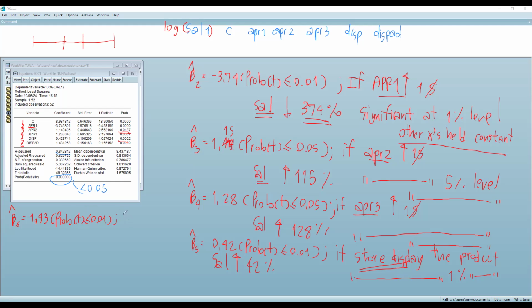Newspaper, this one is newspaper. Okay, I will read for you. If store display plus newspaper advertisement, sales increase by this percent.